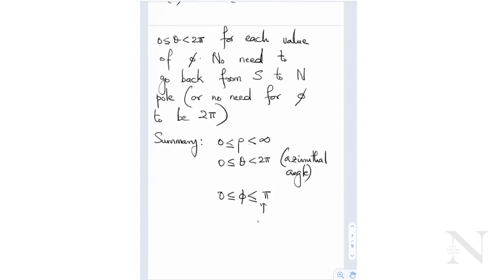If you use 2 pi, you'll get all kinds of nonsense as the answer, including 0 volume for a sphere. You don't want that, right? So 0 less than or equal to phi less than or equal to pi, not 2 pi. And this is what we call the polar angle. For obvious reasons, it goes from pole to pole, north to south pole.